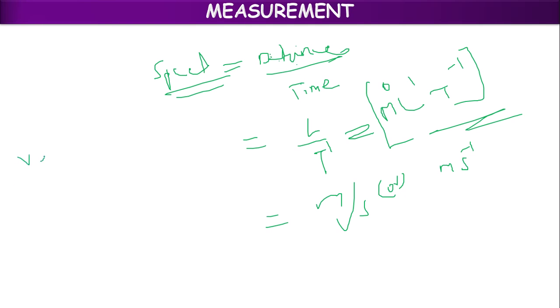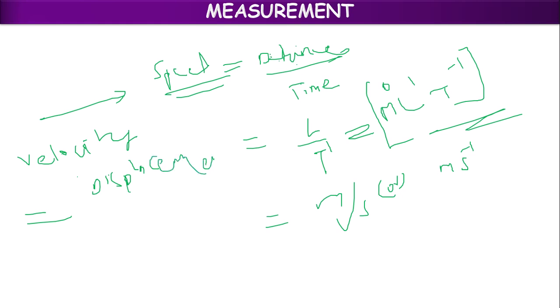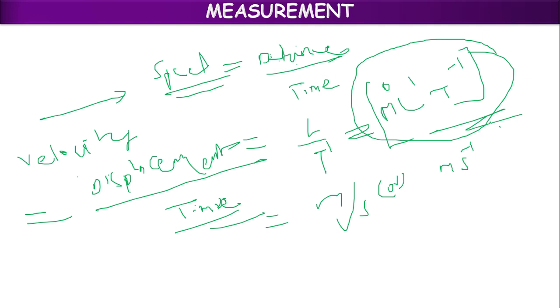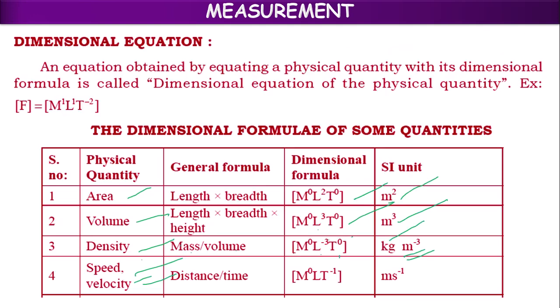Whereas, what is the dimensional formula of velocity? Velocity is also the same as speed, but in a definite direction. Velocity formula is displacement by time. So for velocity also, the dimensional formula will be the same, and the unit will be the same.